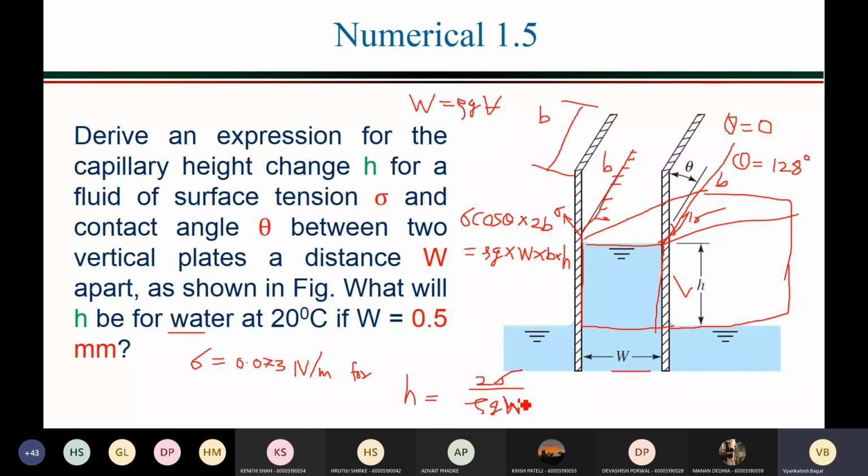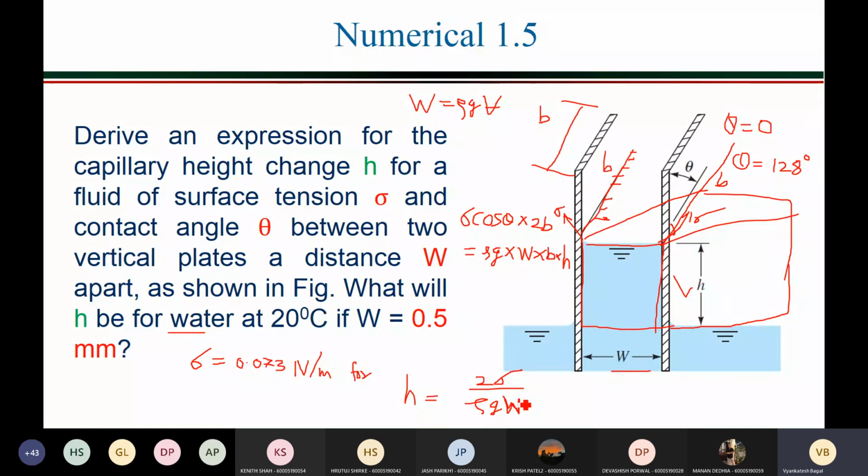Any other answer? Or is it 0.03 meter? Yes, sir, 0.029. Yes, I forgot to multiply by 2. So you forgot to multiply by 2, remember. So the final answer is 0.03 meter, right?